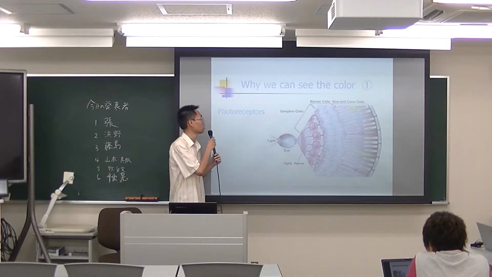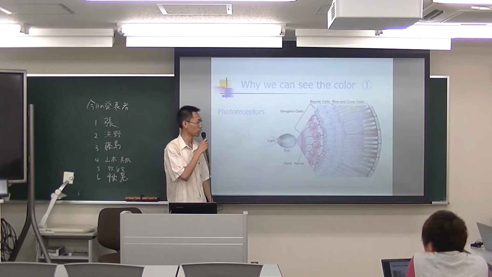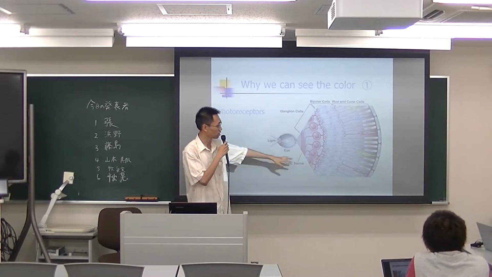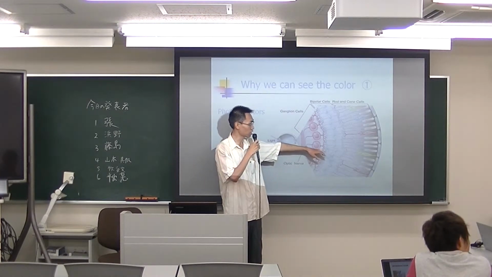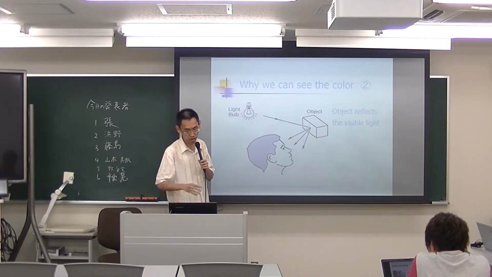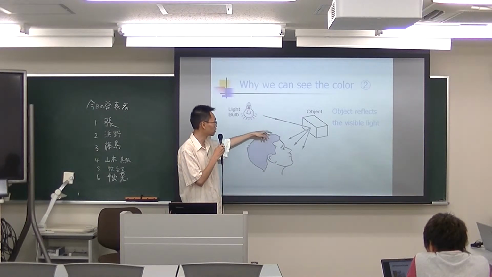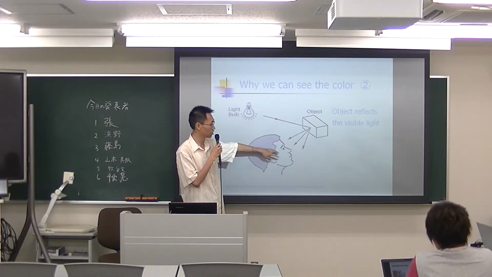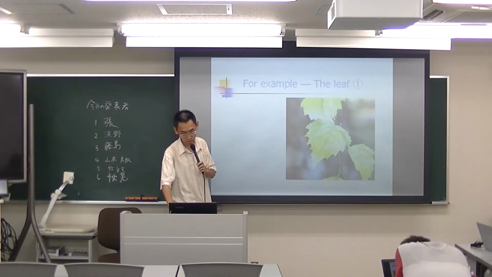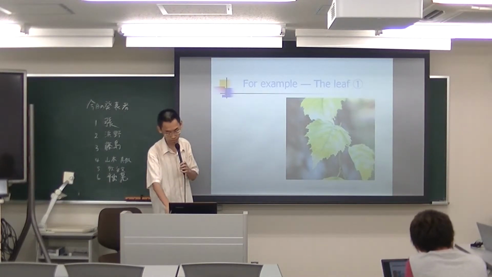Actually, we have millions of photoreceptor cells in our eyes. This is a picture of photoreceptor cells, and these cells help us see color. Objects reflect visible light back into the environment and eventually into our eyes. For example, we can see a leaf as green.